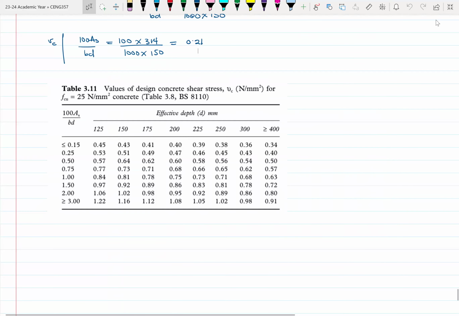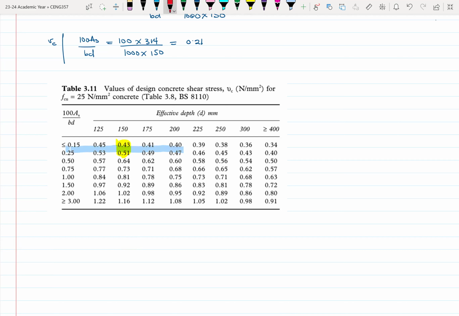Okay, so once we have this table, our 100 over ASPD will be somewhere in between. So somewhere in between this and that, right? And then we are looking at 150, so we are looking at these two sets of values. All right.